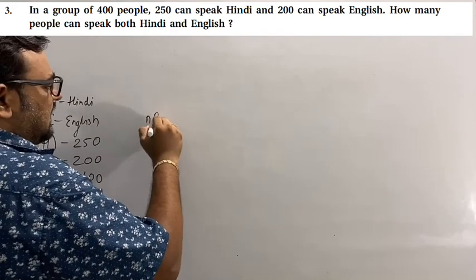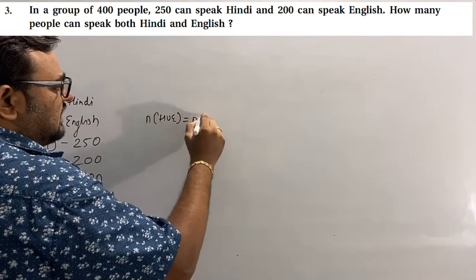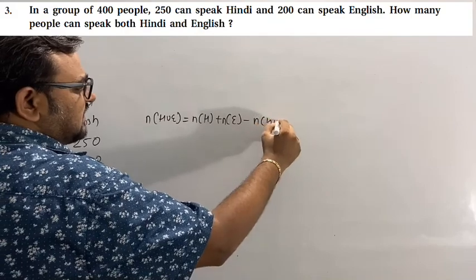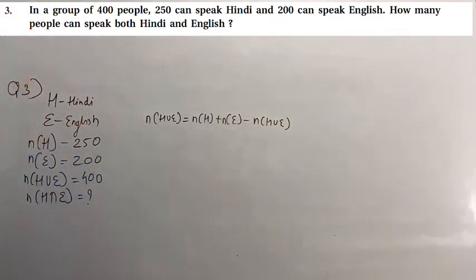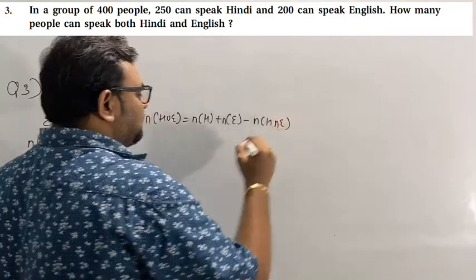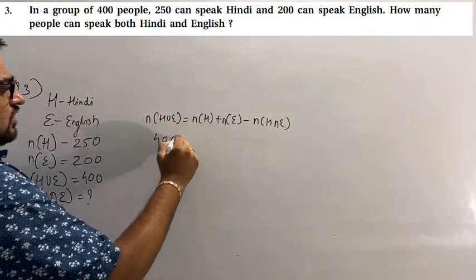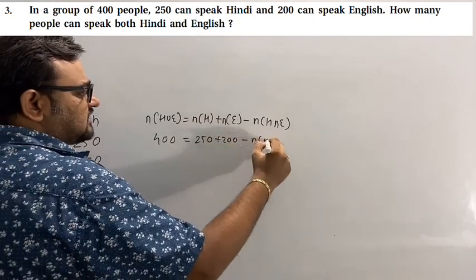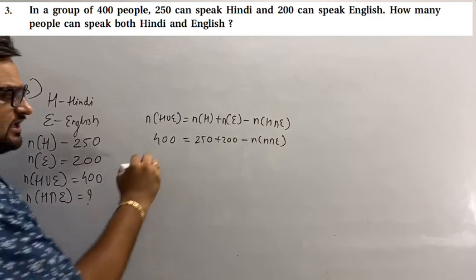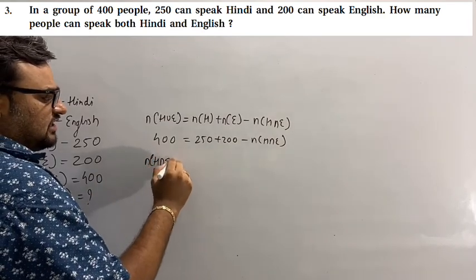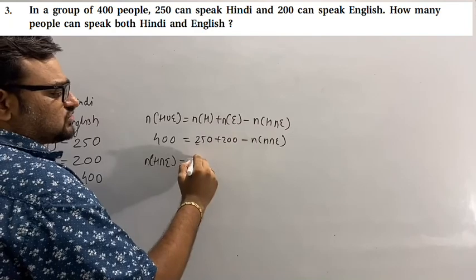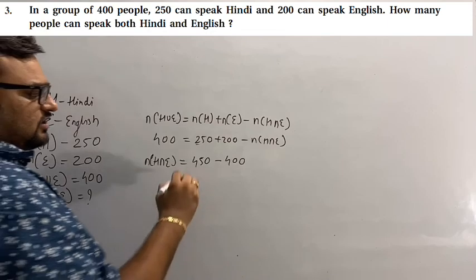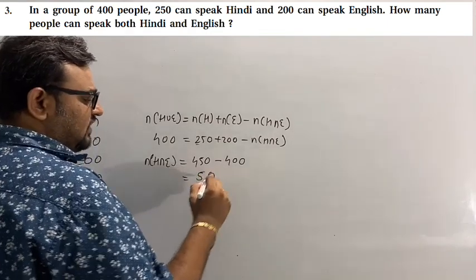So we'll use the same formula: n of H union E is n of H plus n of E minus n of H intersection E. So H union E is 400, n of H is 250 plus 200 minus n of H intersection E. So n of H intersection E is 250 plus 200, 450, minus 400. So this will be equal to 50.